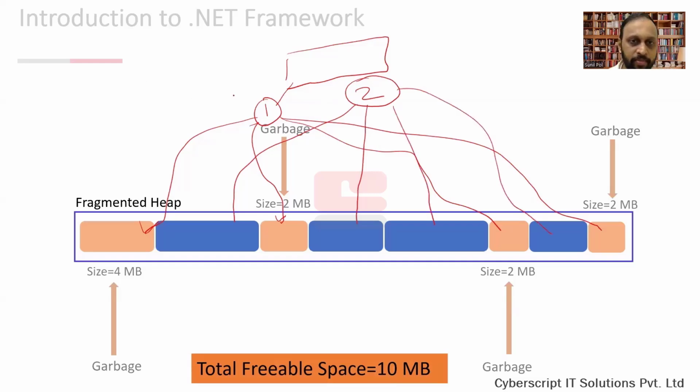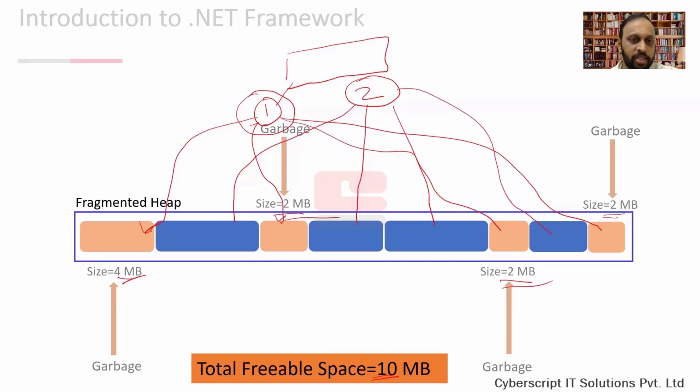After some time, suppose application root 1 has closed after the completion of its task, then all the pink objects in the memory would be considered garbage objects by the garbage collector. So this memory size is 4 MB, 2 MB, 2 MB, and 2 MB. So the total freeable space is 10 MB.